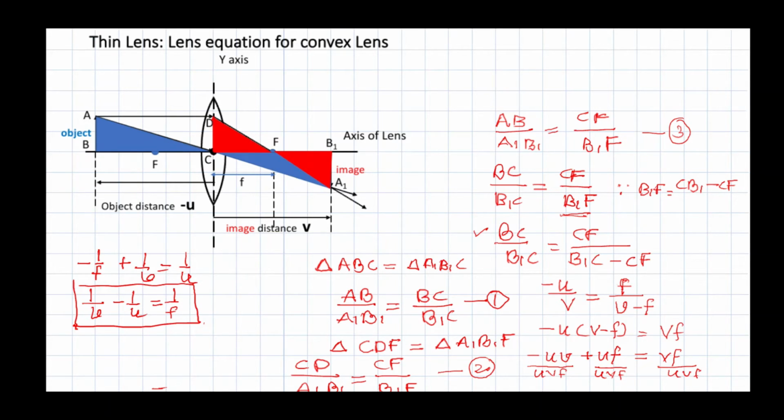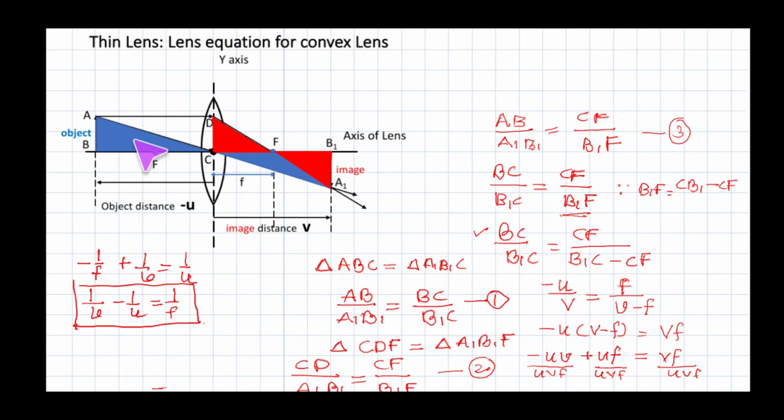Okay, so now the important thing to note is that we get the same relation whether we use a convex lens or a concave lens. And even though the object AB is kept between the focal point and the optical center, we get an image which is virtual and erect.